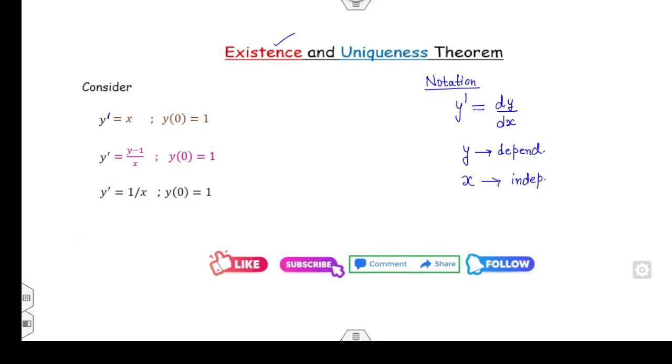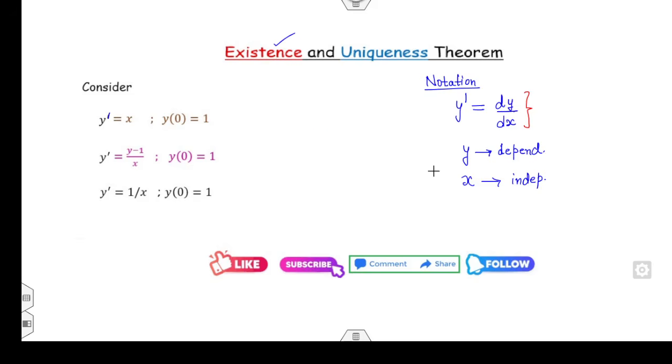Sometimes in the existence and uniqueness theorem, some authors define it as dx by dt. In this case, x is the dependent variable and t is the independent variable. I will explain the whole lecture with the help of dy by dx. And if you are reading books where dx by dt is used, then you can replace y with x and x with t.